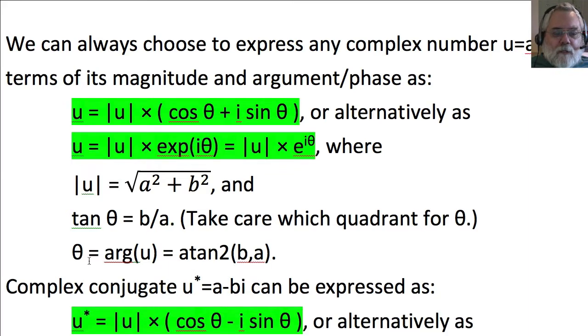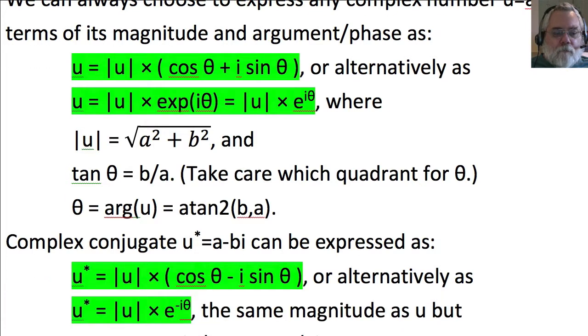You may sometimes see that theta is the argument of u, or in computer language, theta can be calculated as atan2, a particular arctangent function, of b comma a. We won't have to use this, but you might want to know it.